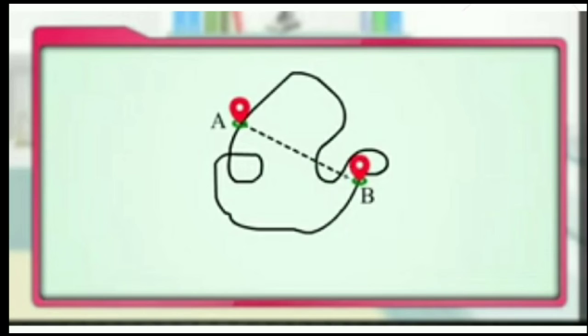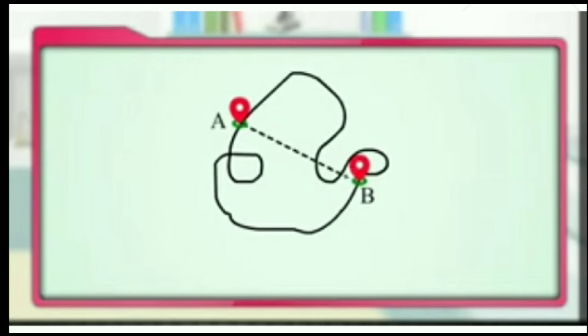We can reach from point A to point B in two different ways. The first one is the dotted line which you can see, and the other is randomly from anywhere we can reach point B. Now if we measure the distance along the dotted line, children, tell me which distance is correct according to you and why?